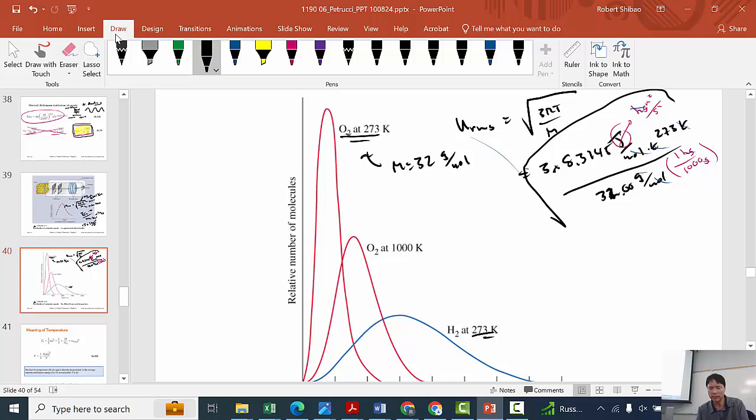This is going to be 3 times 8.3145 times 273 divided by 30.032. And then take the square root of that.